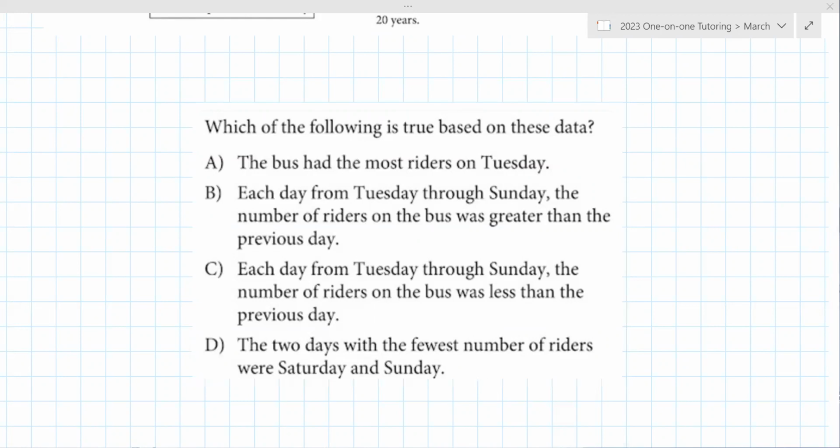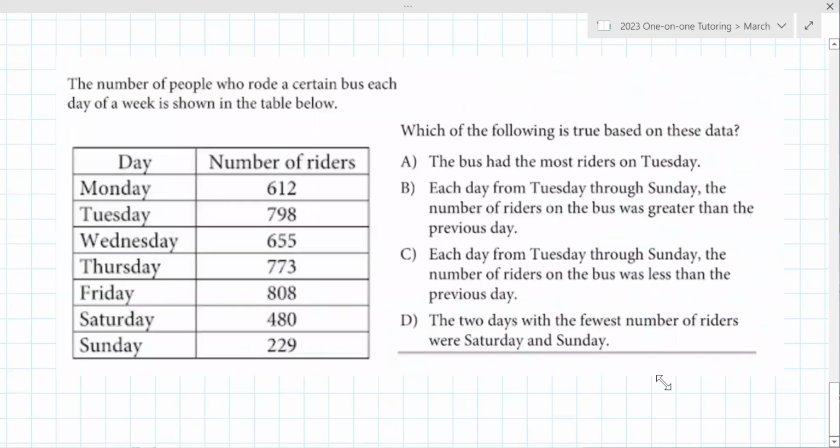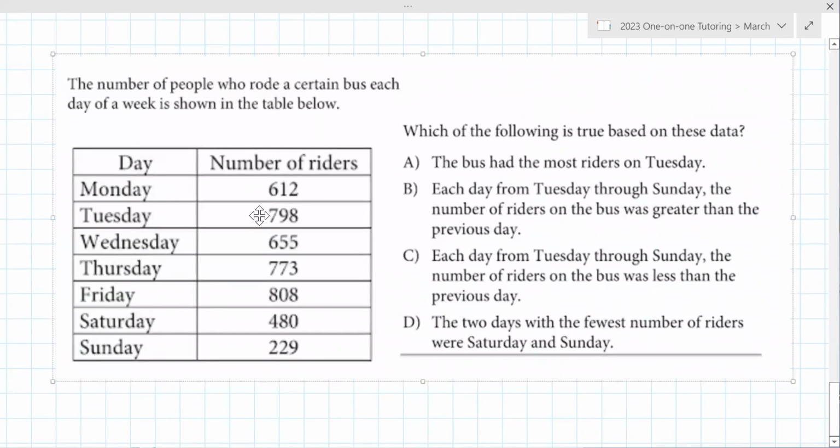Okay, so I'm going to snip the whole question in and ask you to take a look at this. Which of the following is true based on these data? Here's your data table. I know you're leaning towards B and C. Decide whether those are it or maybe it's A or D. Let me know what you come up with, please.